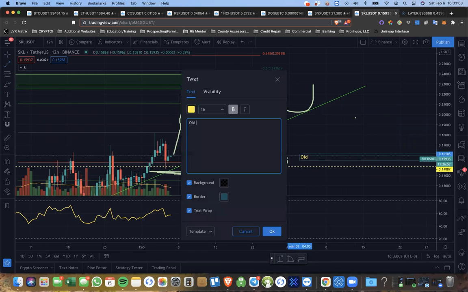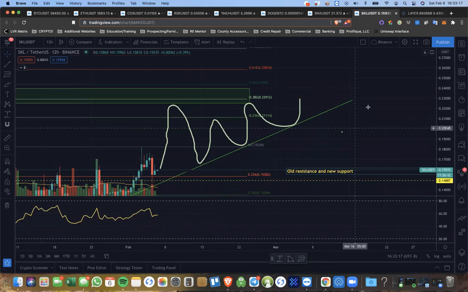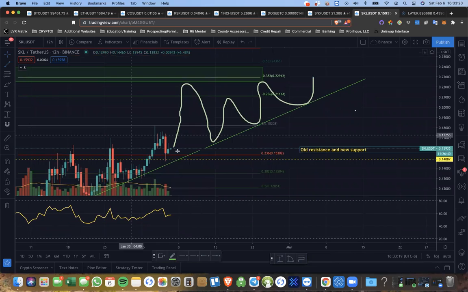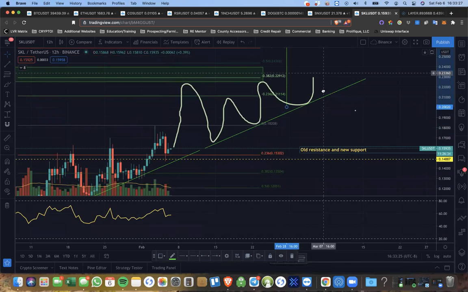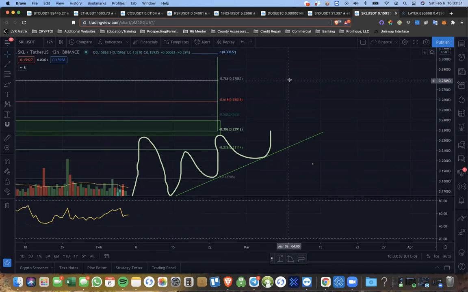Old resistance, newfound support. Okay, so now you would measure it again. You do the same thing from the base to the top of the move, probably right there. Measure it at the breakout, because we're using the 382, and it takes us to a full extension.